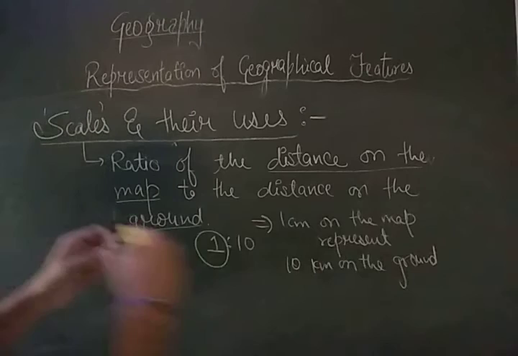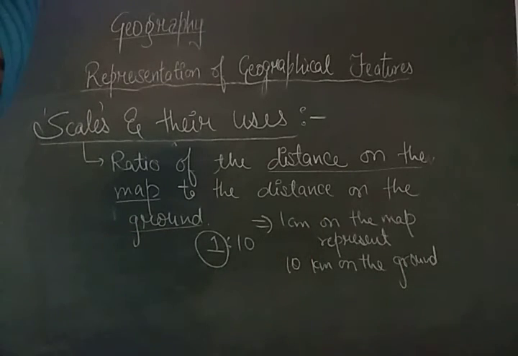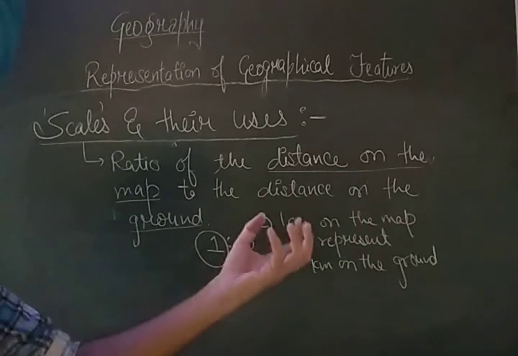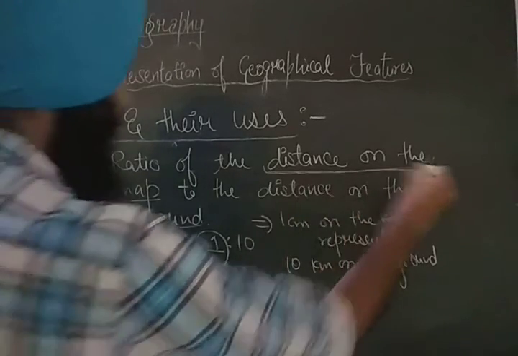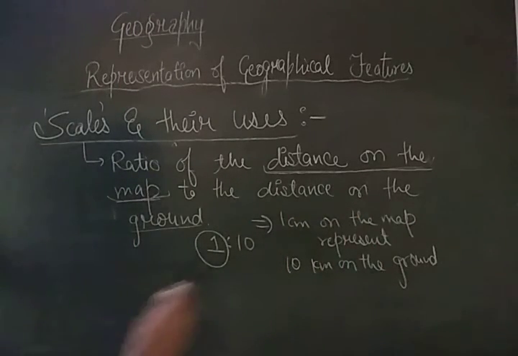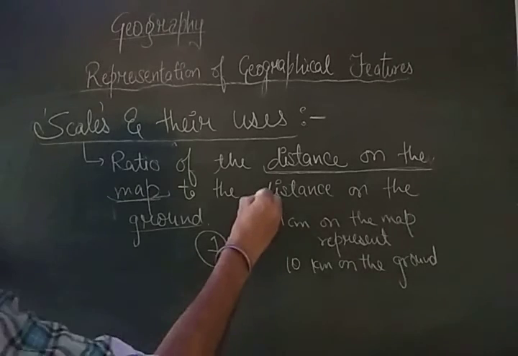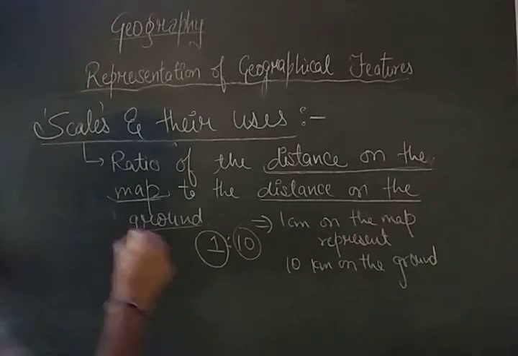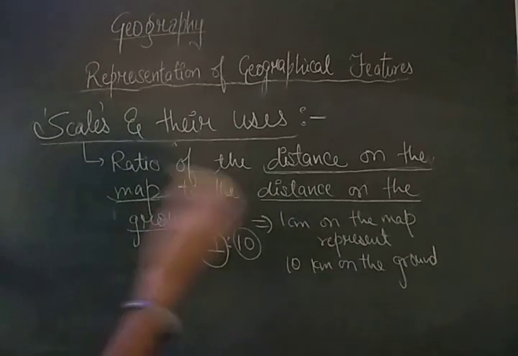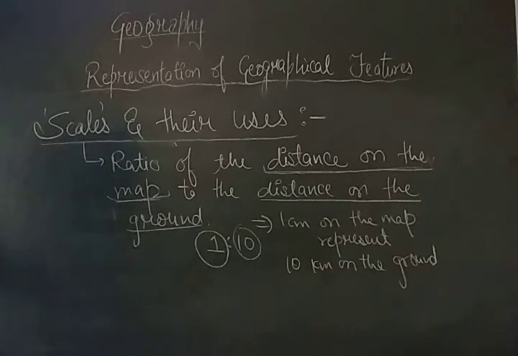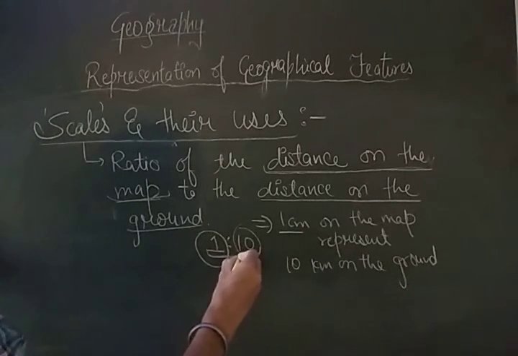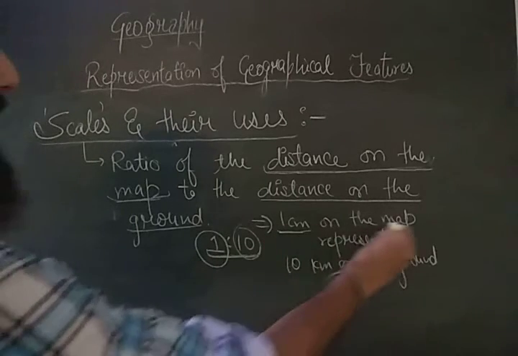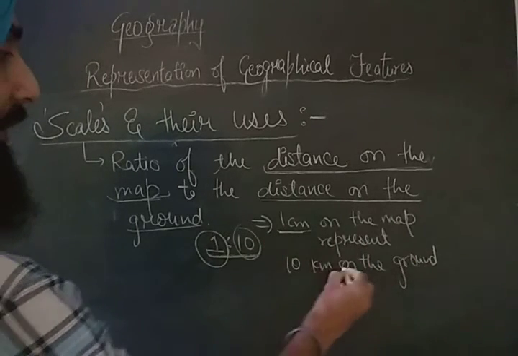We could not draw a distance of 1 kilometer on the map, so we draw it in centimeters. And what is 10 here? 10 indicates the actual distance on the ground, in kilometers. So 1:10 indicates that 1 centimeter on the map represents 10 kilometers on the ground.